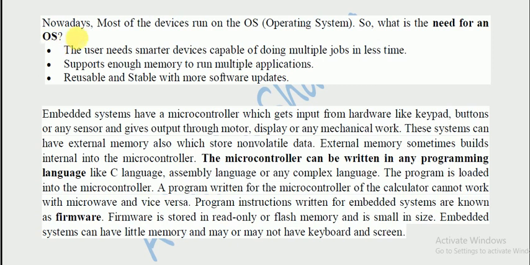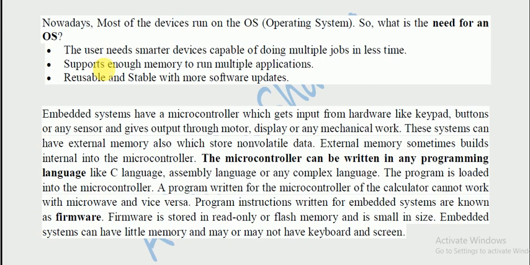So here we have to discuss what the need for the OS actually is. The user needs smarter devices capable of doing multiple jobs. Again, remember the main function of the operating system is to manage the number of applications and the memory for different applications. That's the need for the OS and nothing else.